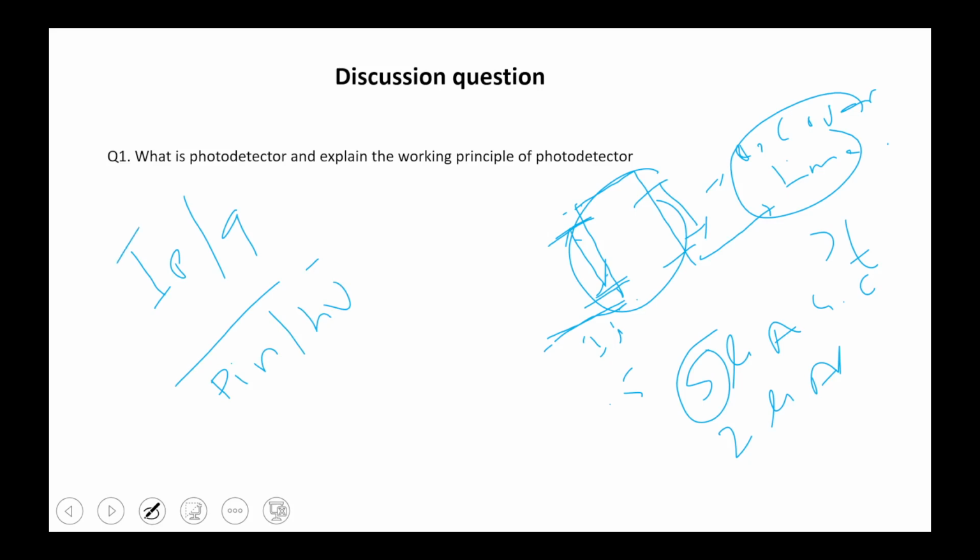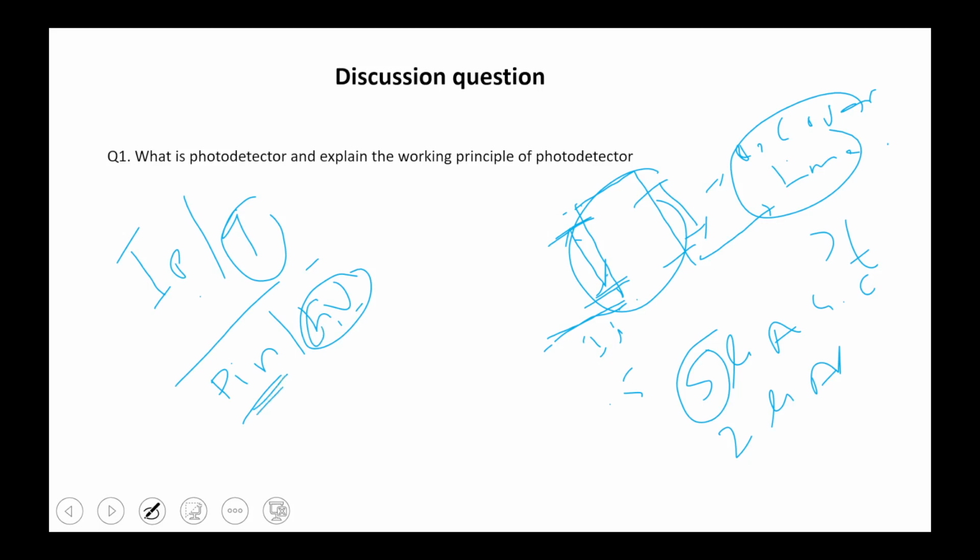Ip is the generated current, and q is the charge of the electron: due to one electron, how much current will be generated upon that power of incident light. hν is the photon energy, where h is the Planck constant and ν is the frequency of light.